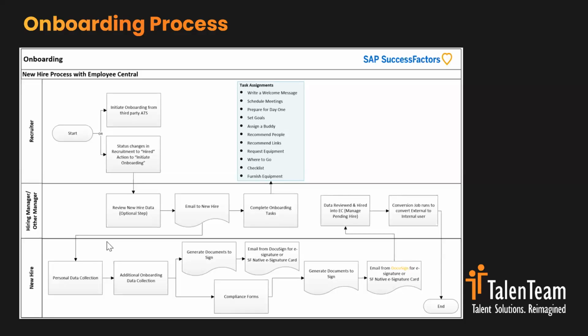Once you complete this step, there will be an email notification to the respective task owners to complete the onboarding tasks. There are two parallel activities. One is to trigger the tasks.